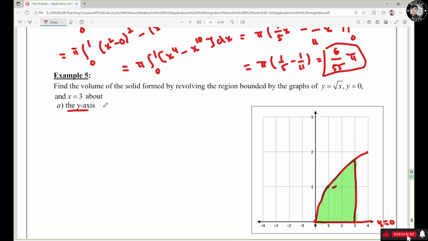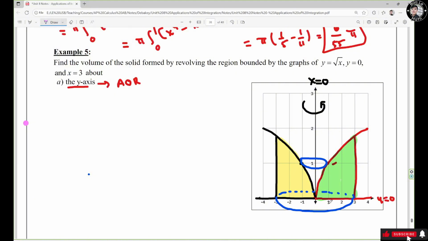Now, when the y-axis is the axis of revolution, the solid should be something like this. So the bigger radius is right here, and the smaller radius is right here. Now, you need to rewrite this one in terms of y because you revolve these regions about the vertical axis. This guy is y equals square root of s. So square both sides, so s equals y squared.